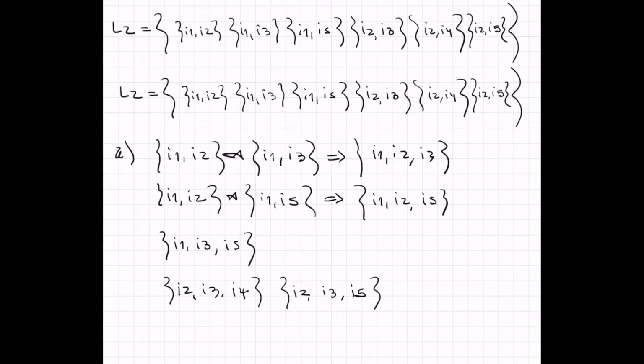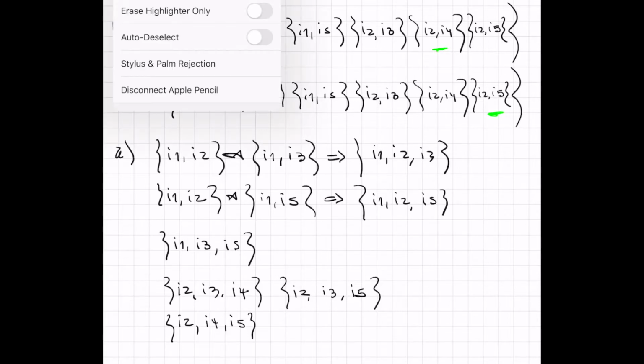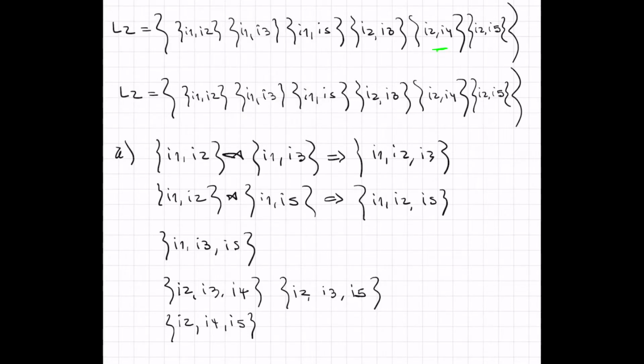Okay, and this one can be joined with this one, and they will produce I2, I4 and I5, and that's it, right? Because the last pair cannot be joined with any other pair.